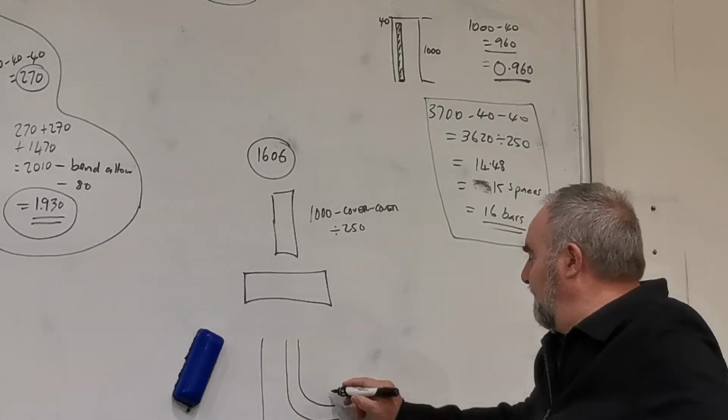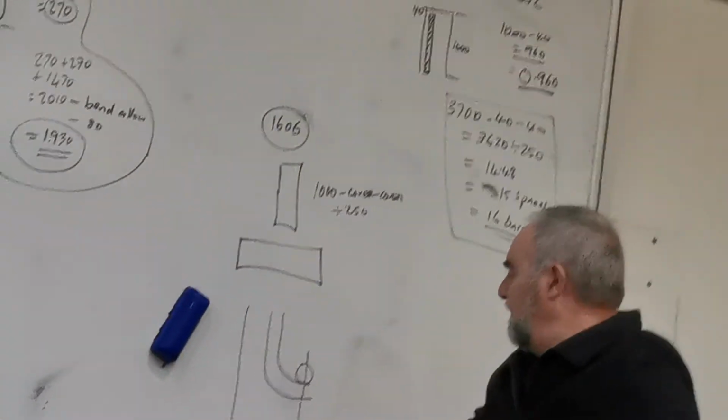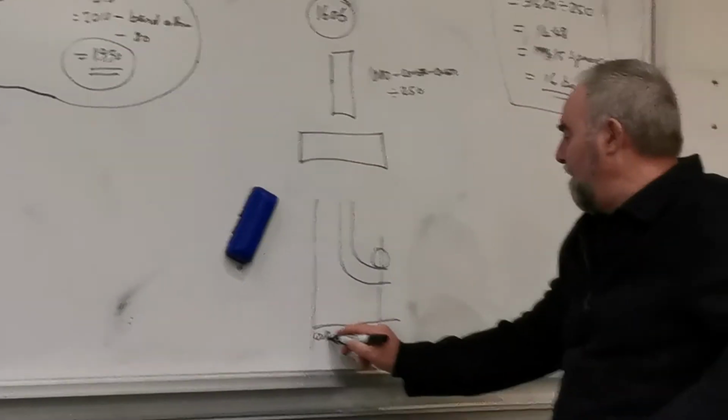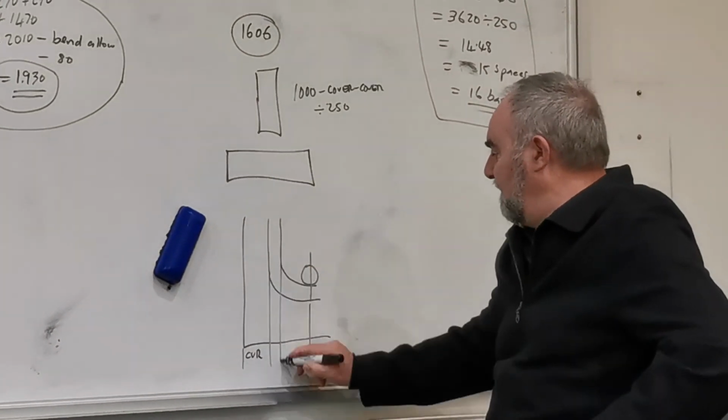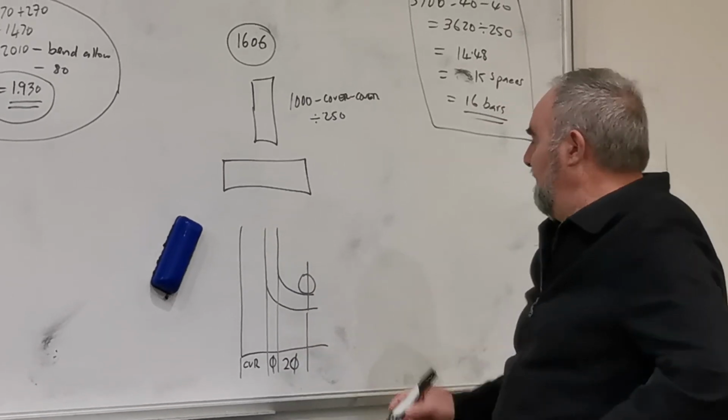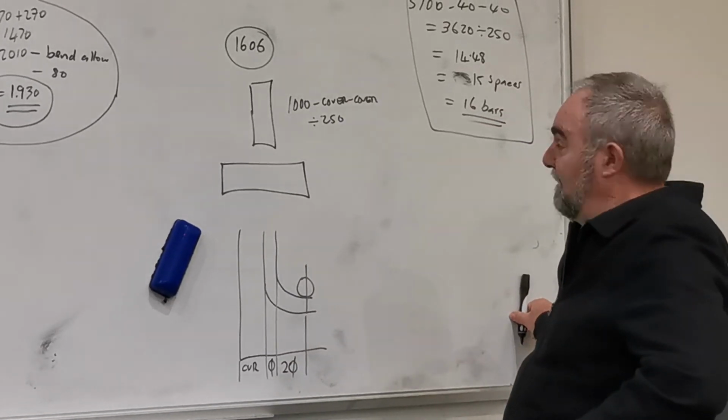On the corners, the distance to that bar is going to be the cover, which is CVR, the bar diameter, and 2 times the diameter. And that is taken at both ends.